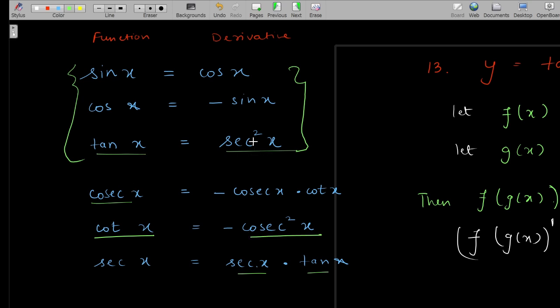The derivative of tangent is the square of secant, and the derivative of cotangent is the square of cosecant but with a negative sign. Then the derivative of secant x is the product of secant and tan. The derivative of cosecant is the product of cosecant and cotangent but with a negative sign.